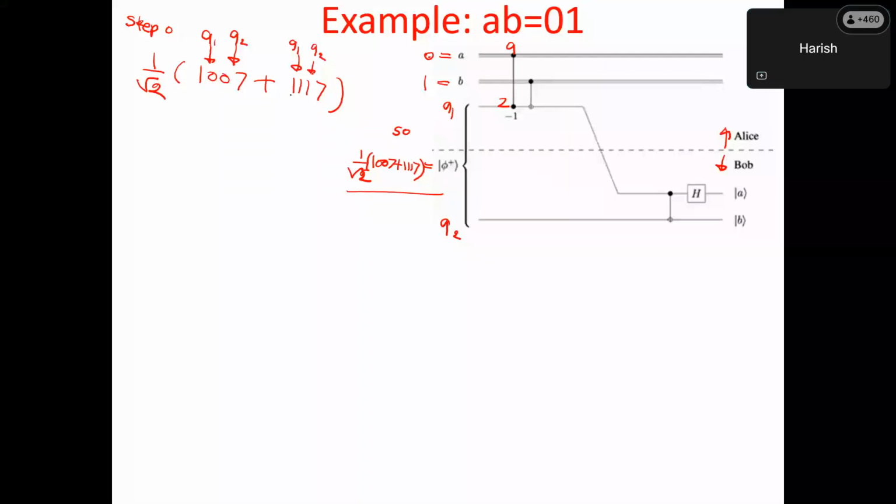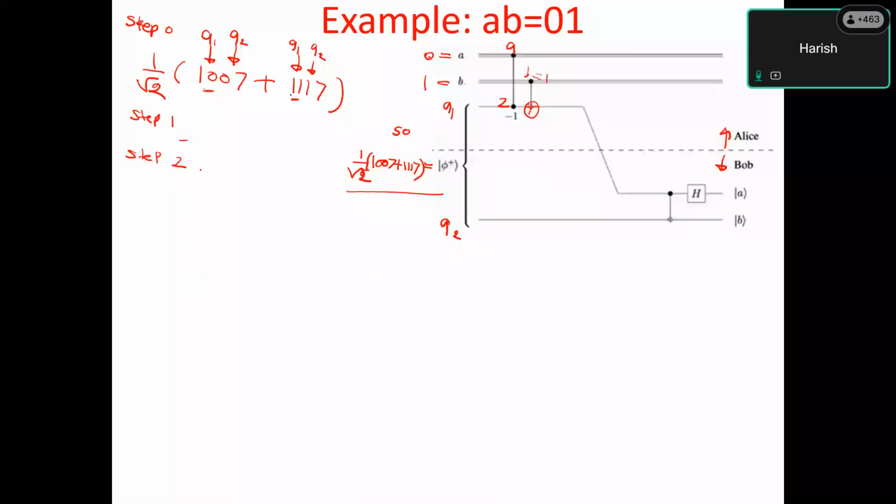At step one, step two, B is one, so we will be applying the NOT gate on qubit one.